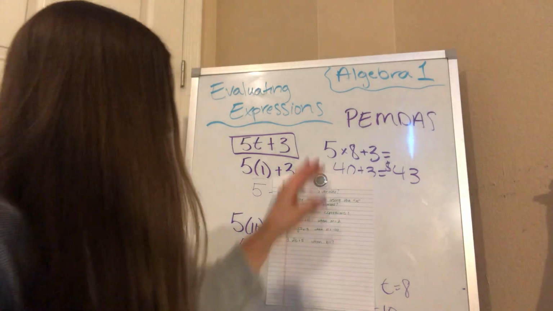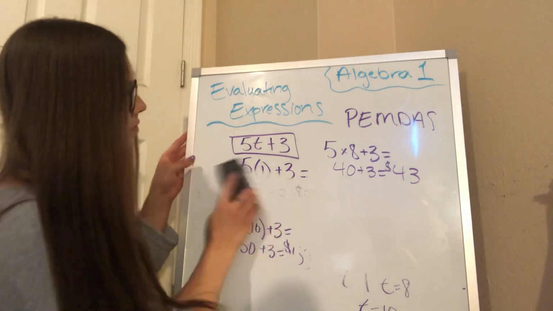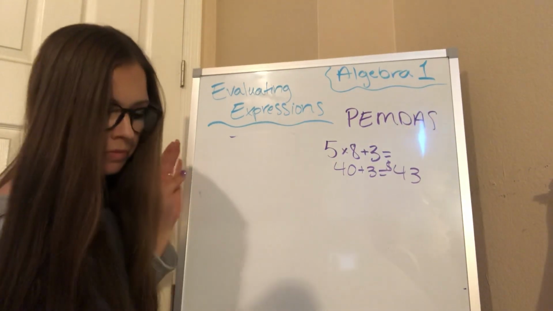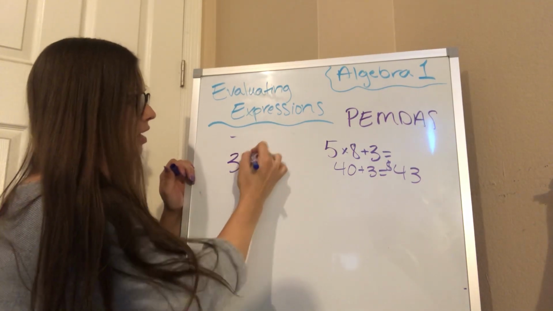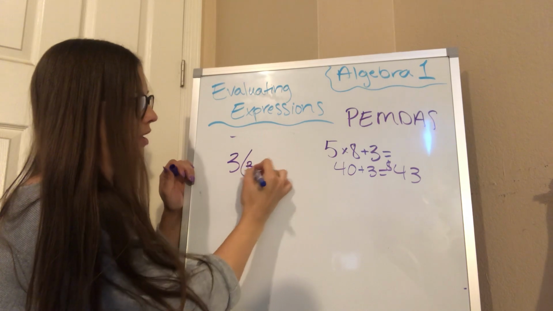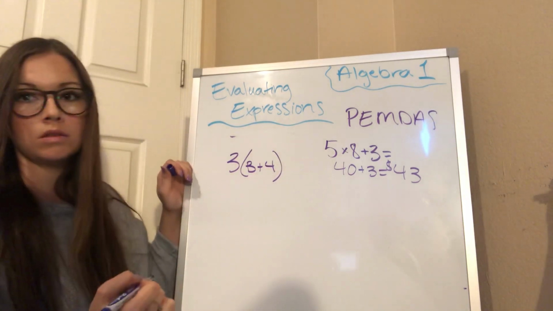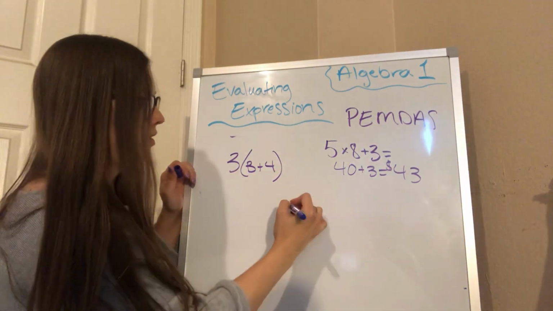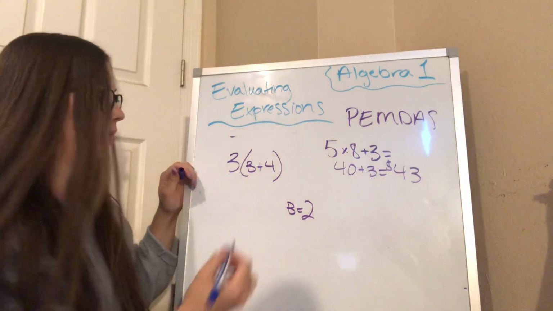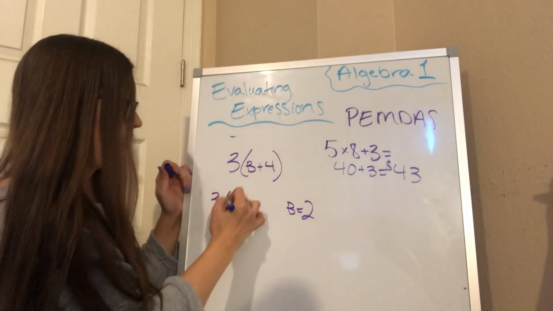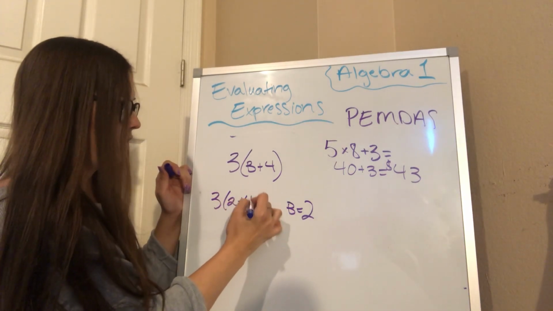Remember that when you see them like this, the distributing ones, so let's say I have 3 times b plus 4, okay, and they tell me that b equals 2. Then I'm going to plug in, I'm going to say 3 times 2 plus 4.